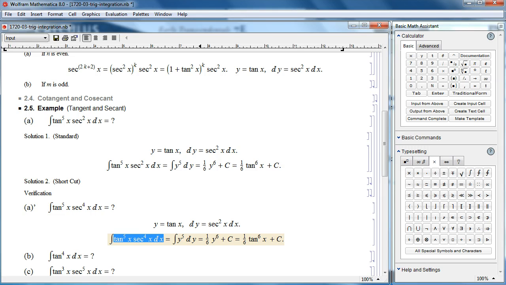So what we are going to get here is secant squared times another secant squared x dx, and then this secant squared dx part will be replaced by this dy, and the previous secant squared will have to be manipulated using the Pythagorean identity, 1 plus tangent squared.